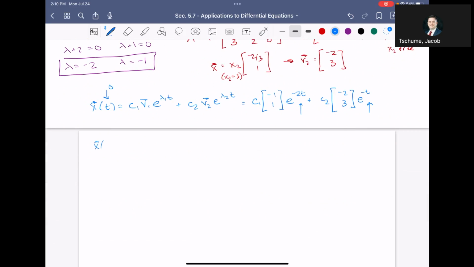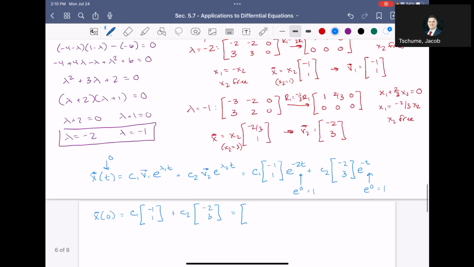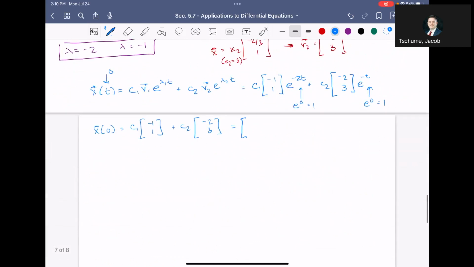So we would get x of 0 equals c1 times the first eigenvector. Now, this term right here is going to become e to the 0, and actually so is that one. And we know that e to the 0 is just going to be 1. So really, those kind of just go away. They don't make the whole thing go to 0, but they make each of those exponentials go to 1. So then you're going to have plus c2 times the eigenvector -2, 3. And this should equal whatever the initial condition was, which was -2, 4.